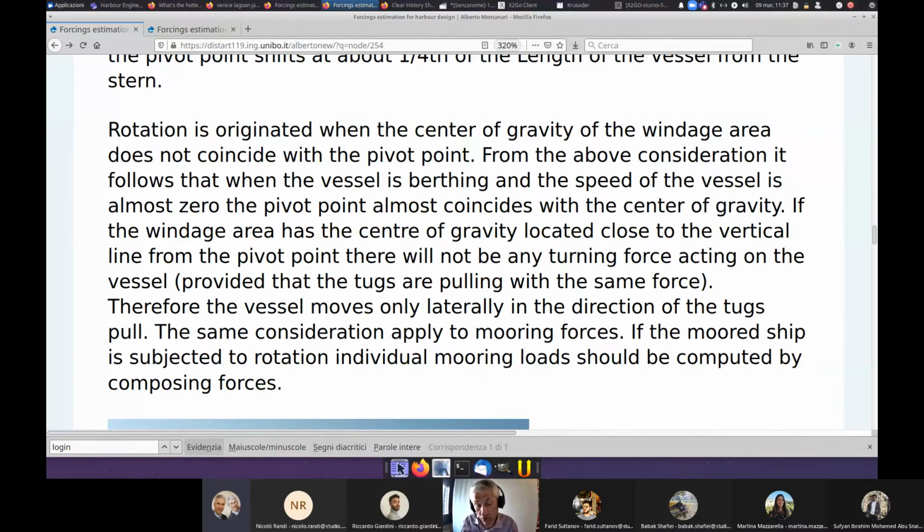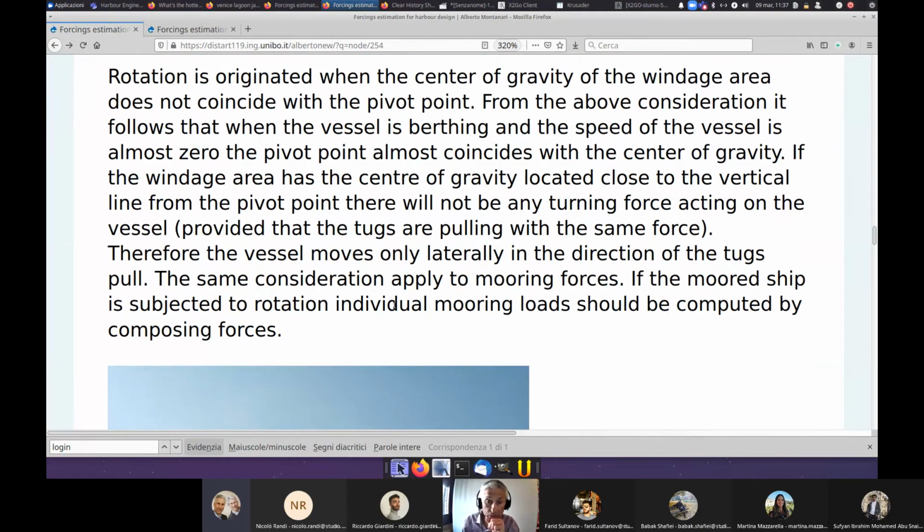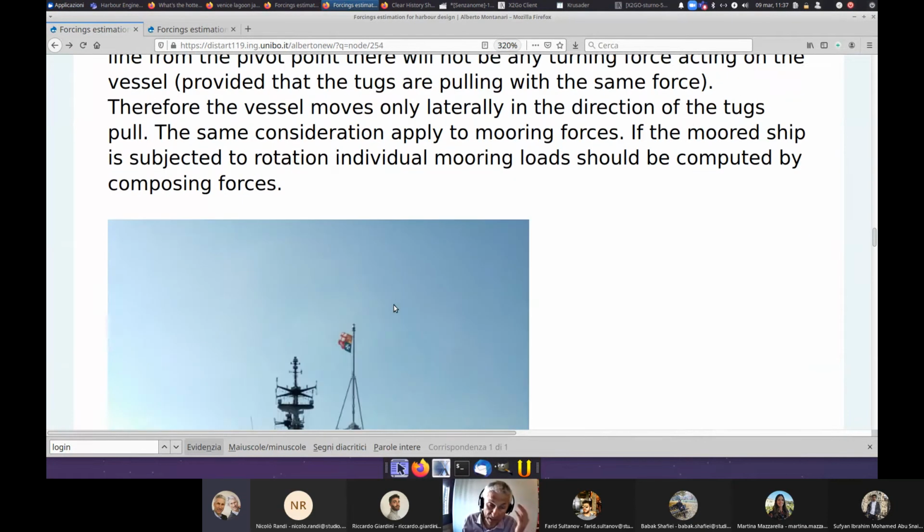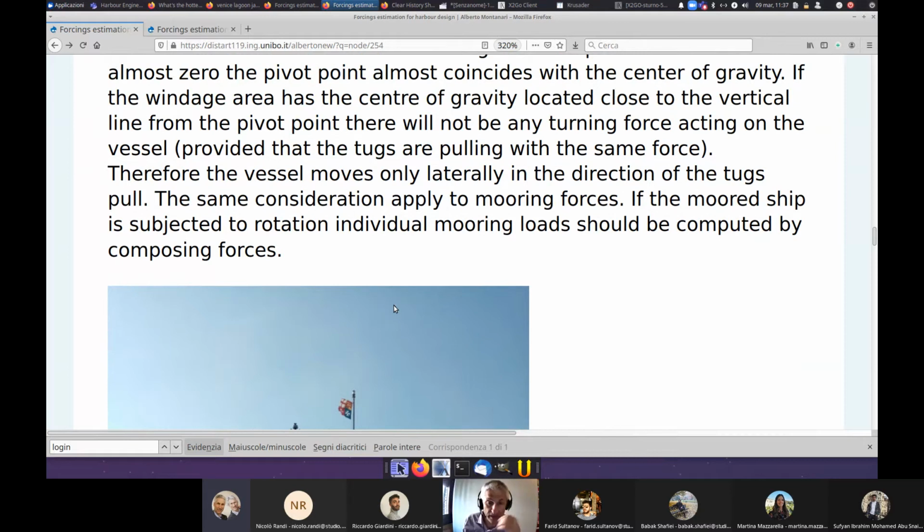This is extremely important, because by knowing the position of the pivot point and the position of the center of gravity of the windage area, we can compute the rotational moment. We will see in a practical exercise how this can be carried out.